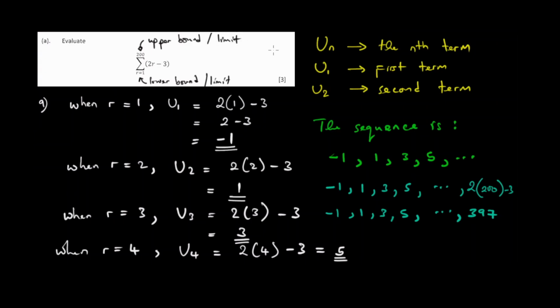So that is what we are working with, to avoid the error of misinterpreting the information. A common mistake here would be writing minus 1, 1, 3, 5 and so forth up to 200. This would be a common mistake.